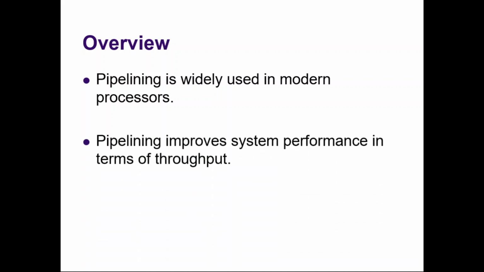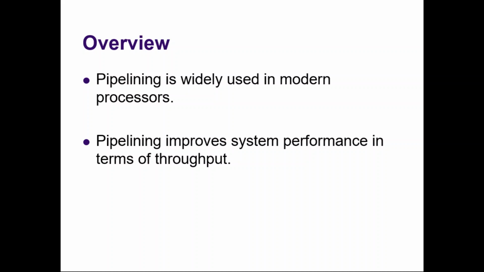So how does pipelining improve the performance of the processor? Actually, it improves the throughput of the processor. What is meant by throughput? Throughput is defined as the amount of work done in a unit time, or you can say the number of instructions executed per second.